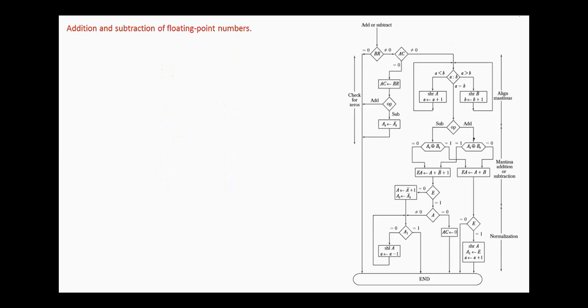For example, on add, if the signs are the same, then we add the two mantissas, and after that, we check if we need normalization. If E is 0, then we are done. If E is 1, in this case, we have to normalize the result. E is transferred to the A1 bit of the A register, and the exponent is incremented by 1. In this case, we have an overflow.